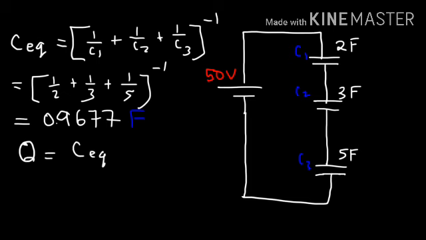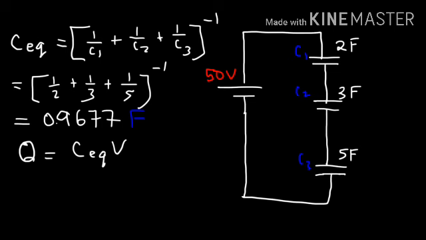Now, there are some differences you need to know between a series and parallel circuit for capacitors. In a parallel circuit, the voltage across each capacitor is the same. It's equal to the battery's voltage. In a series circuit, the voltages across each capacitor will be different if the capacitance is different.